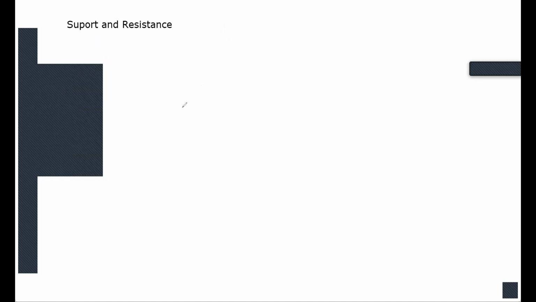You have to know support and resistance because it identifies zones, which are also called areas of interest.